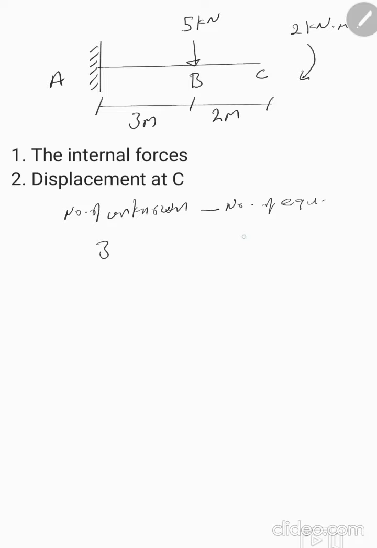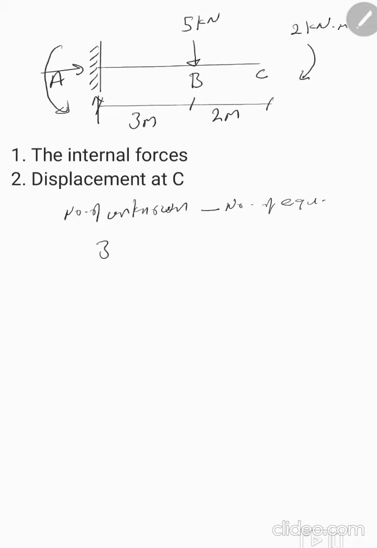Because we have a fixed support at A, we have the force in the horizontal direction, the reaction in the vertical direction, and also a moment at A. But for B and C, we don't have any supports, roller, pin, hinge, or fixed, so it's 0.